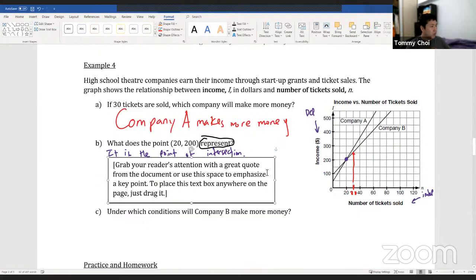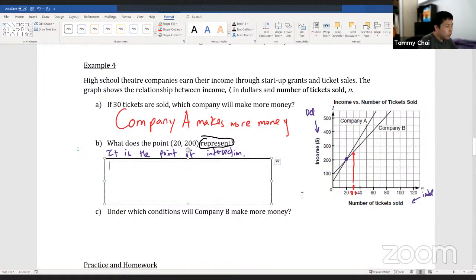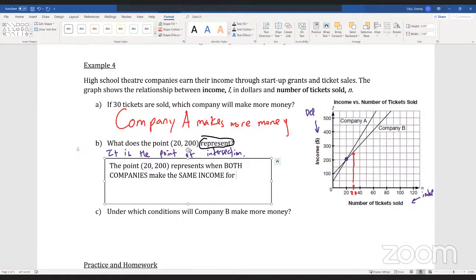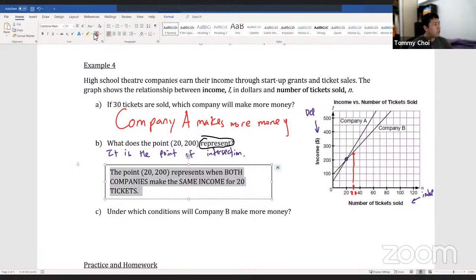So I'm going to bring my good old text box here. So the point (20, 200) represents when both companies make the same income. Both make 200 for 20 tickets. Okay, this is what I'm looking for. This is the explanation I want. You can clearly see that both of these companies are making the same amount of money.